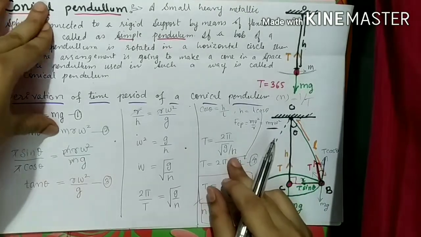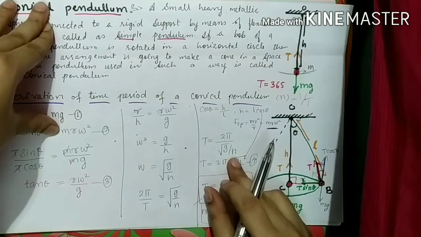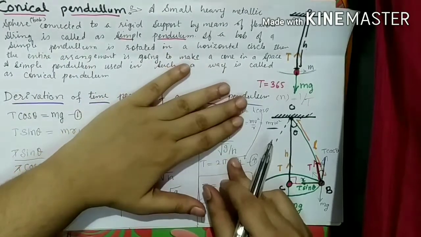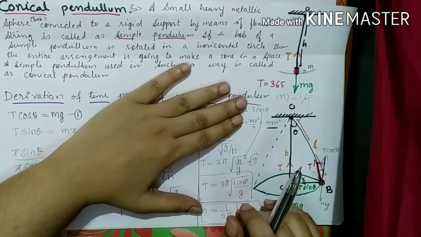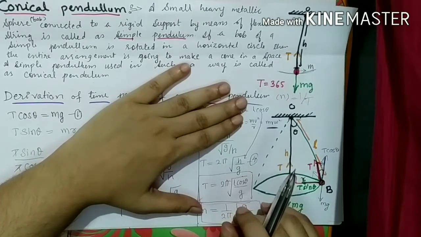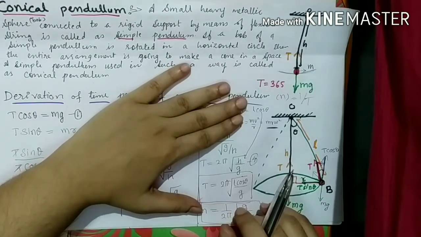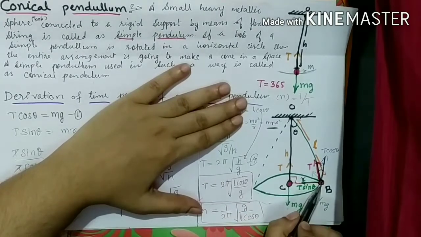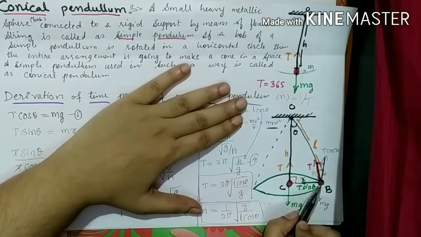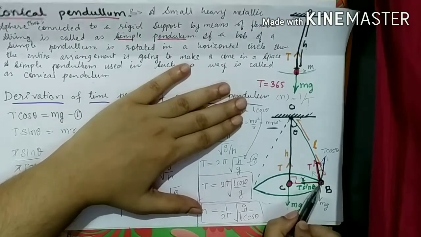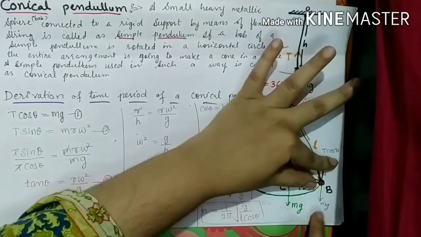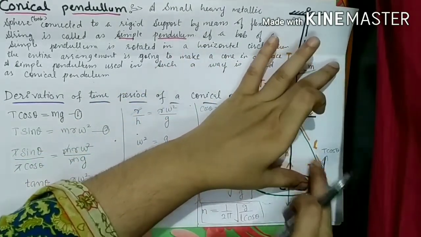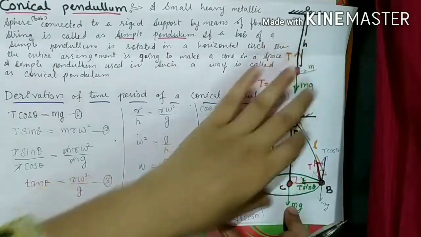Now we will have to find out the time period. For the time period, how are you going to start? For that, you will have to draw the forces acting on the bob of the pendulum in a displaced position. So here we have taken the displaced position of the bob, which is point B. At this particular position, there will be only two forces acting on the bob. One is mg and the second is tension in the string.